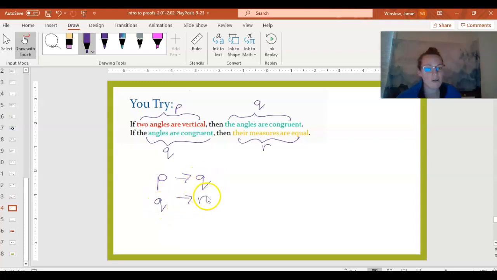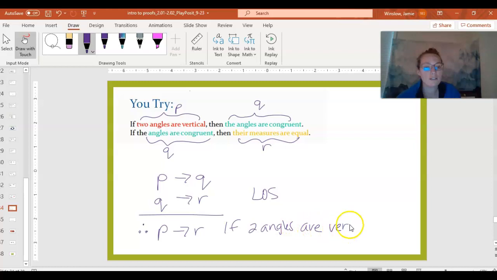Q implies R is the second. So therefore, we know by the law of syllogism, P must imply R. If 2 angles are vertical, then the measures are equal, which we know is true.